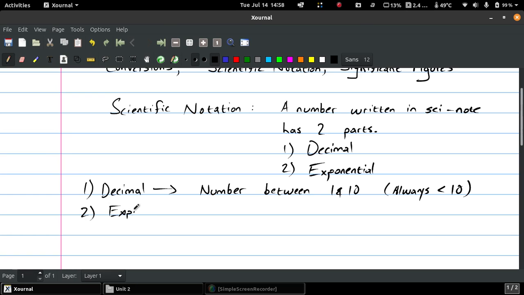So what that looks like is this. It's times 10 to the power of n. So the value depends on how many times the decimal point is moved. I'm going to write that in blue.